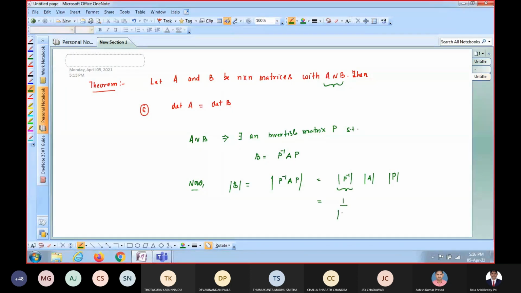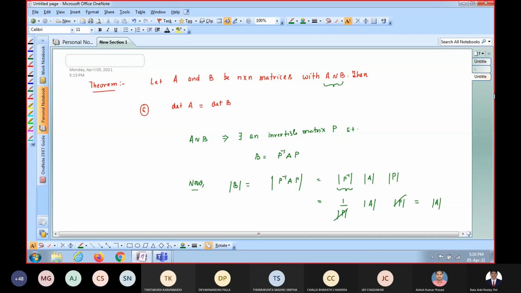It is 1 by determinant of P, into determinant of A, into determinant of P. I cancel these two. So this is equal to determinant of A. Right. So similar matrices have the same determinant. Let us jump into the next property.